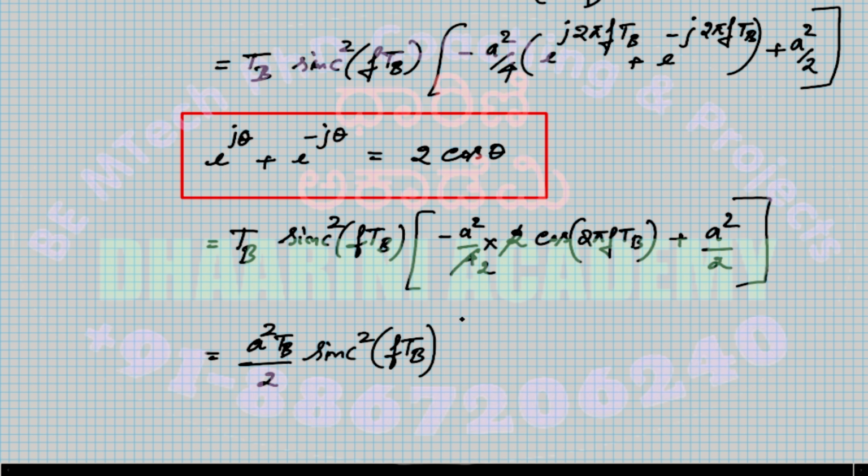I'll write a positive term first. So A square by 2 has gone out, minus cos 2 pi f Tb. Okay, yeah, this is the one we get. How do we simplify this?